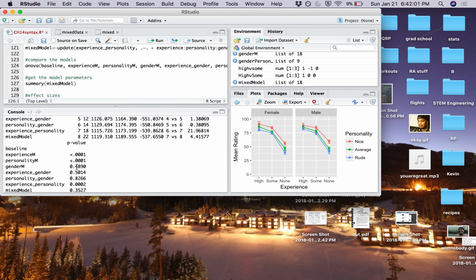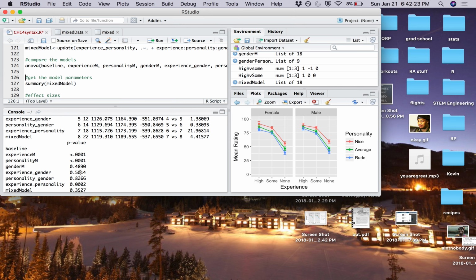The next model is experience by gender, and that shows that the experience by gender interaction was not significant. I think it's indicated by the p-value. And this interaction adds 2 degrees of freedom because it's coded with the 2 contrasts, and gender's only 1, so 2 by 1 is 2.